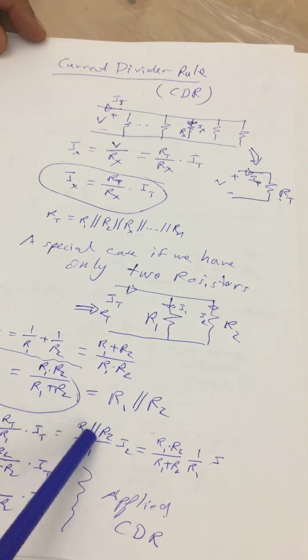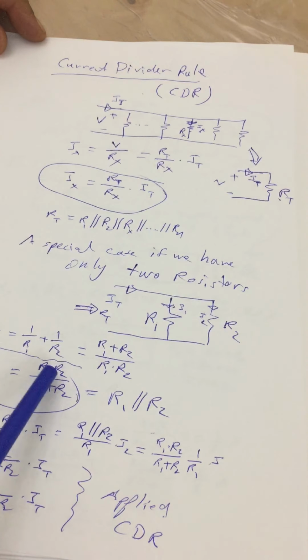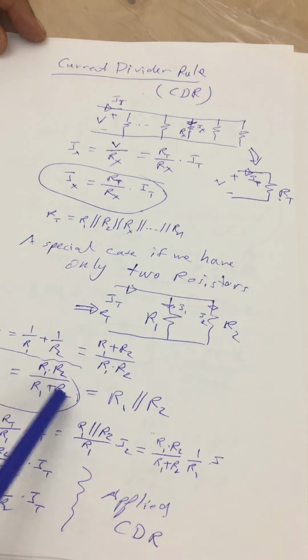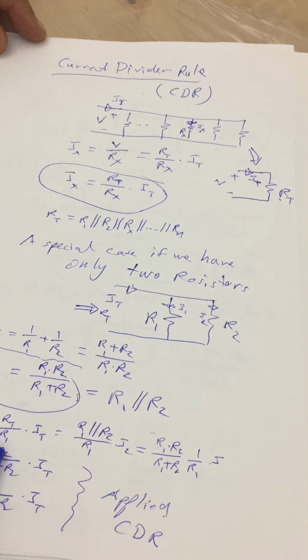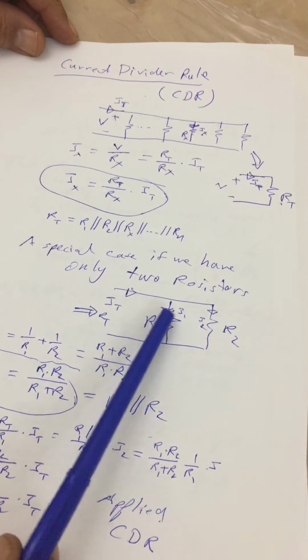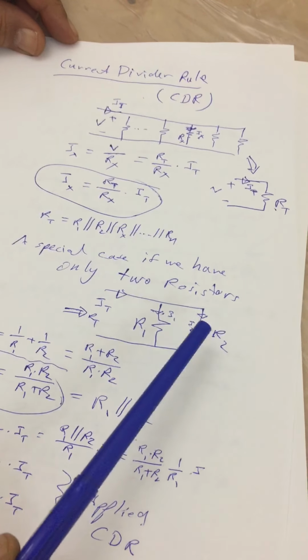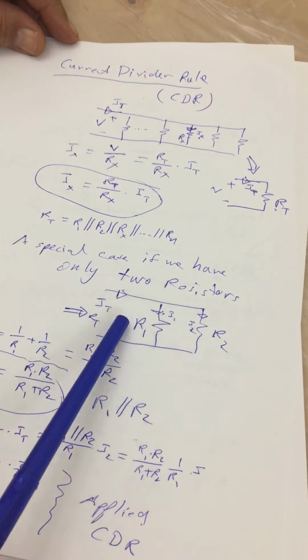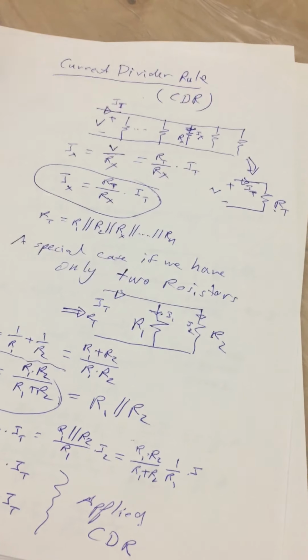So if we replace R1 parallel with R2 by R1 R2 divided by R1 plus R2, we obtain I1 equal R2 divided by R1 plus R2 times I total. This is it. So basically, if we want to find I1, we take R2 and divide it by R1 plus R2. If we want to calculate I2, we take R1 divided by R1 plus R2 times I total.